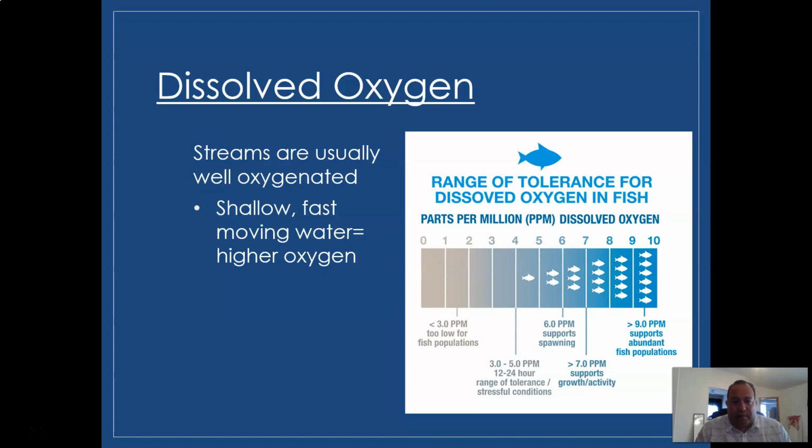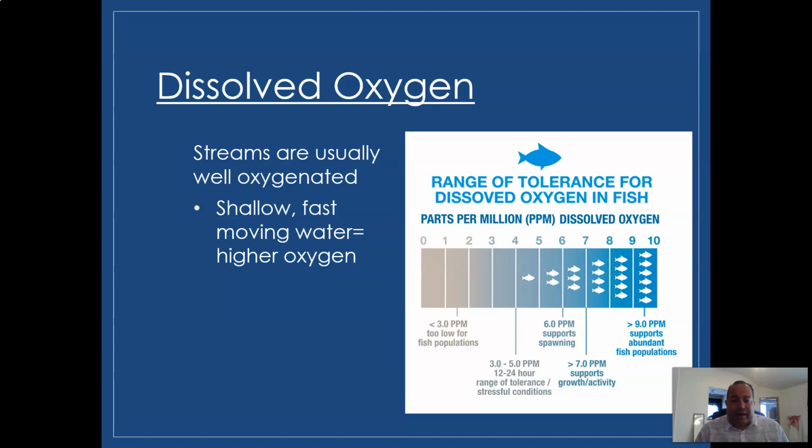Streams where you have water moving are usually well oxygenated. Shallow, fast moving water gives you a higher dissolved oxygen content, and when you don't have that fast moving water, you don't have that higher oxygen content. We know there's a certain range of dissolved oxygen that works really well for fish. You can see in this graphic that when you have greater than 9 parts per million of dissolved oxygen, you can support an abundant fish population.